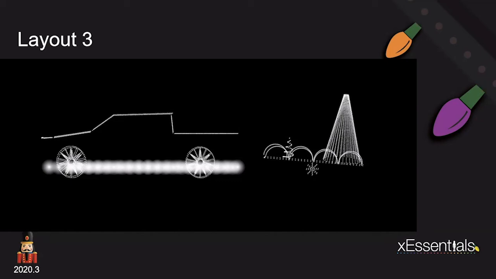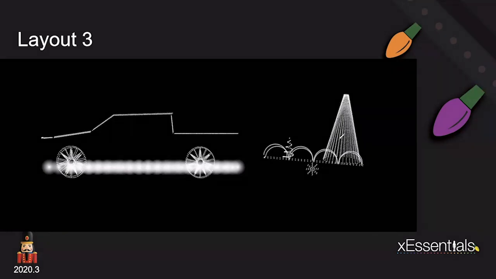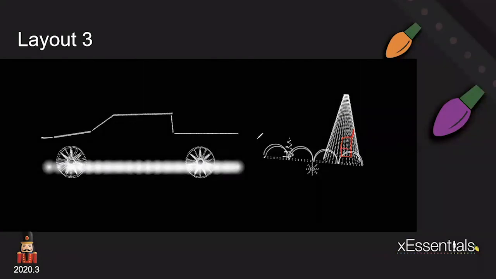So the way that I ran this layout the last time, I had one controller with expansion running my tree. Then I had an F8 running the truck. That way everything was close.